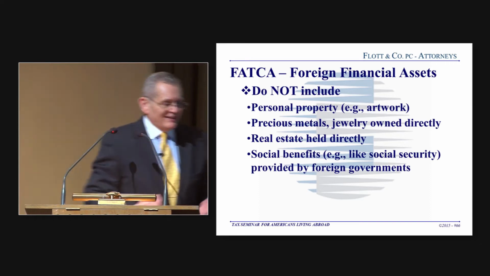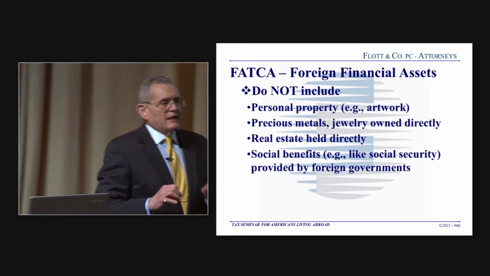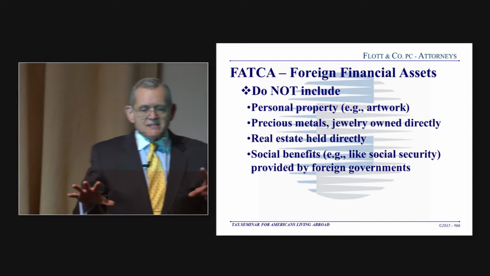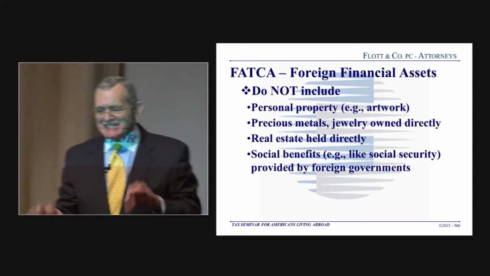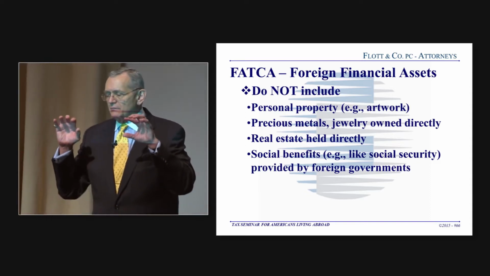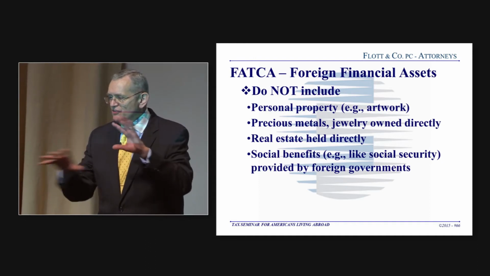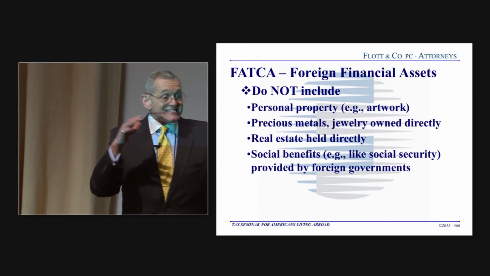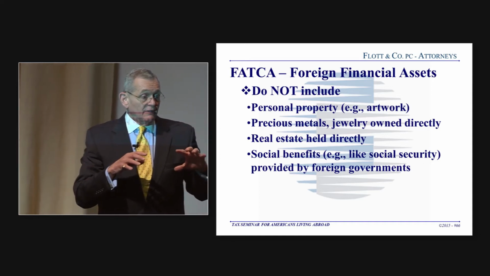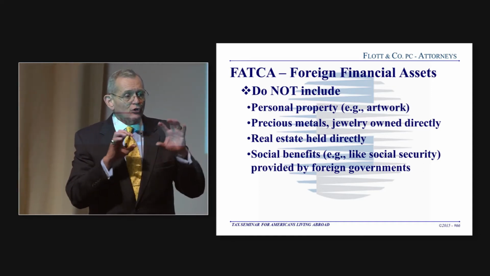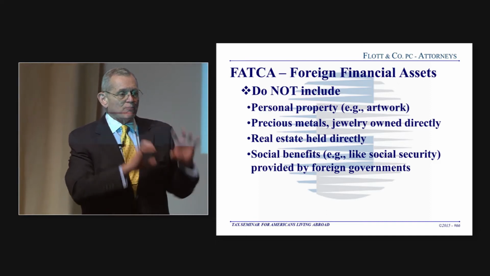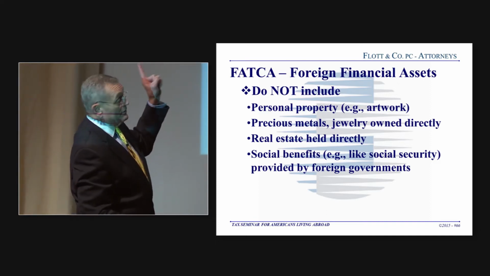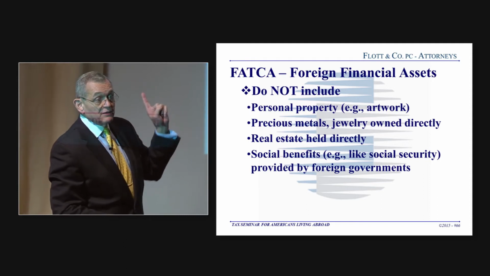Now, let me explain that just a real quick bit here. If you and two or three friends have gotten together and created an SA to become a developer in Greece, and you've acquired several properties, and you now own them through an SA, the value of your shares in that SA is reportable under the private corporation.